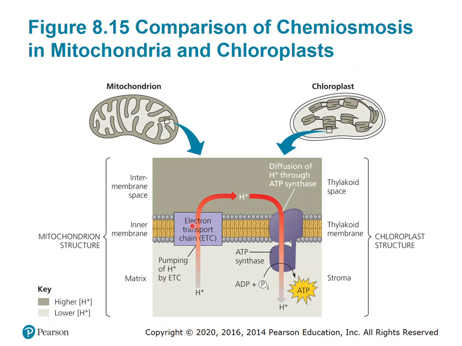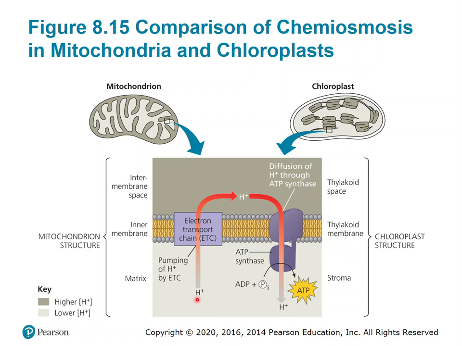So again, our mitochondria are doing cellular respiration, and our chloroplasts are responsible for photosynthesis. Both have a similar makeup. They have a membrane that the electron transport chain is embedded in. The hydrogen in the mitochondria is pumped from the matrix into the intermembrane space.